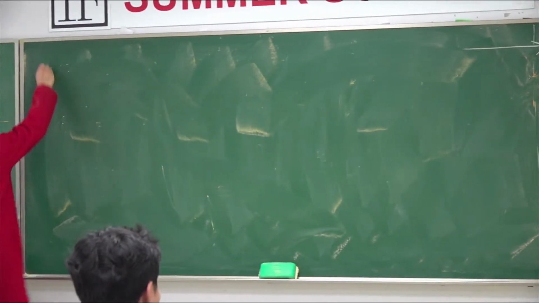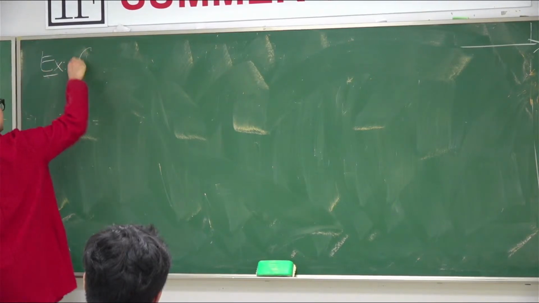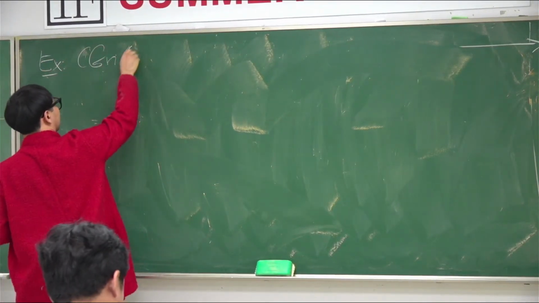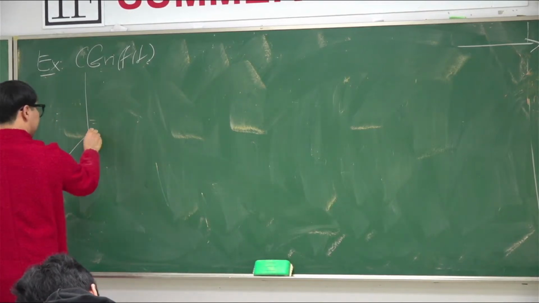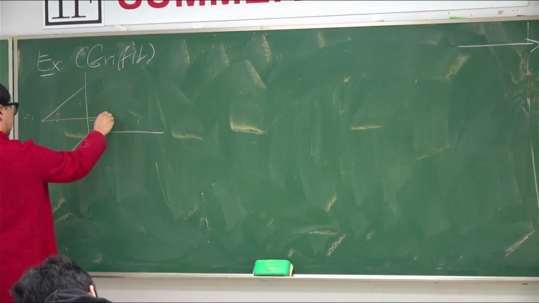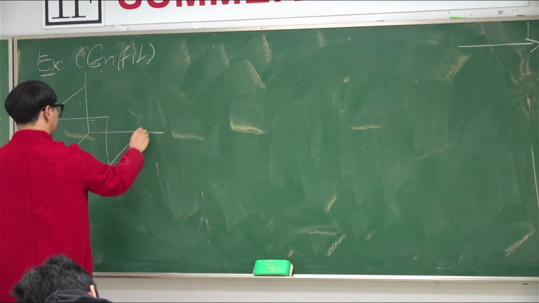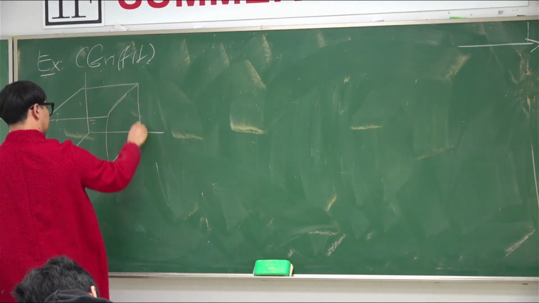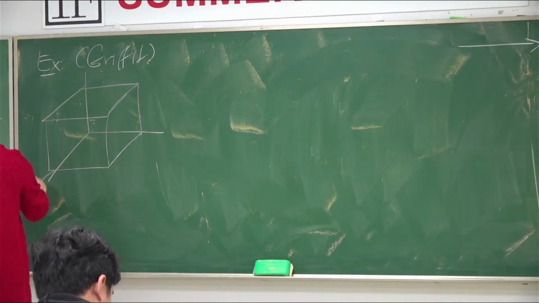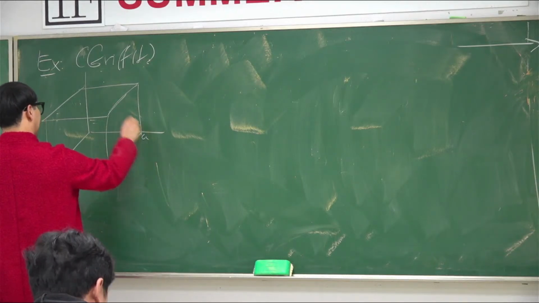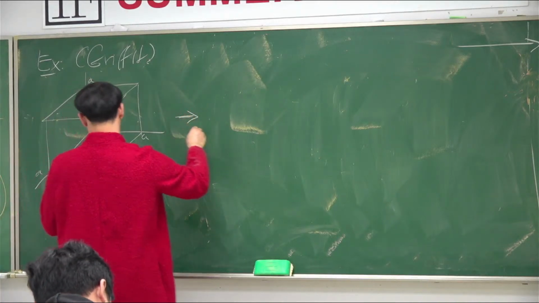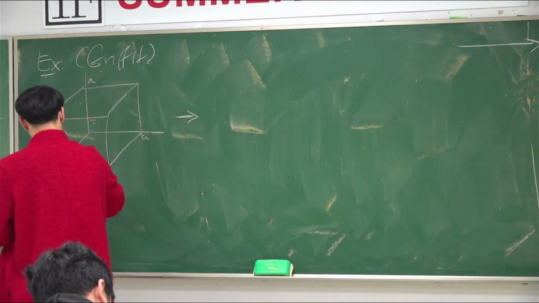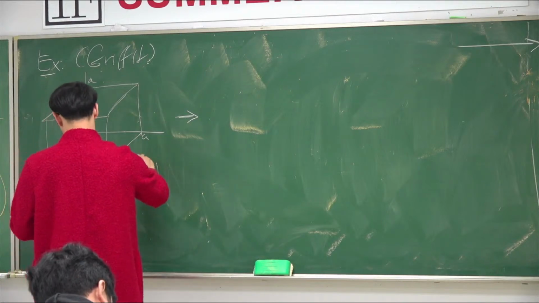So again, I took this from the Griffiths textbook. You start from a 3D box right here with sides a, a, and a. And of course this is the potential.